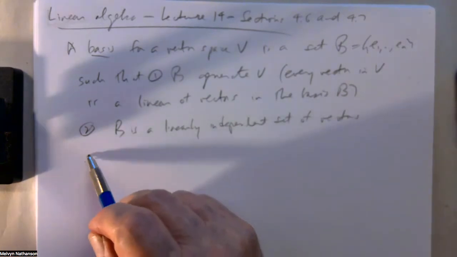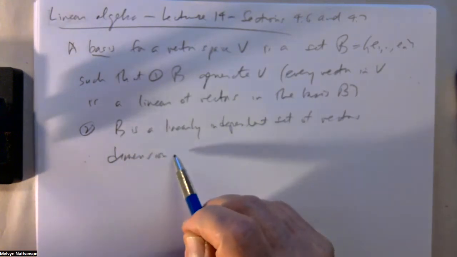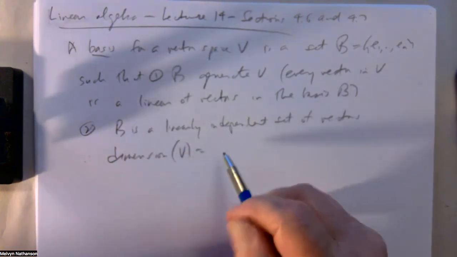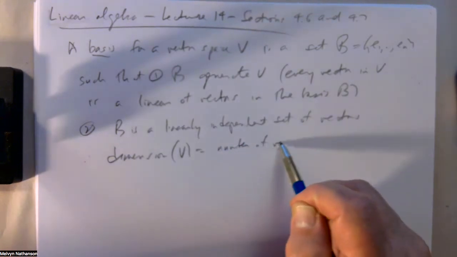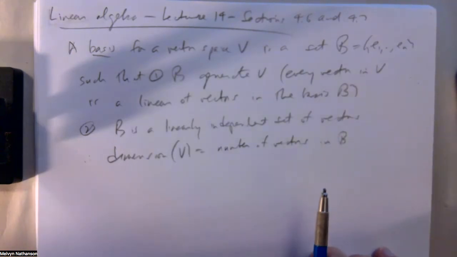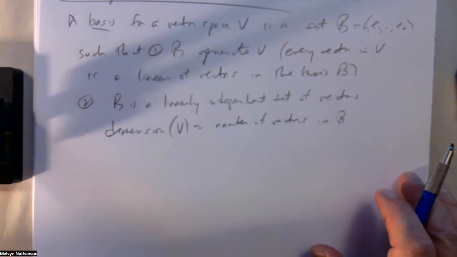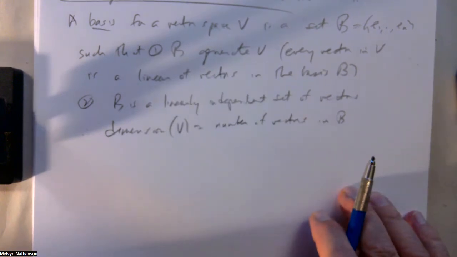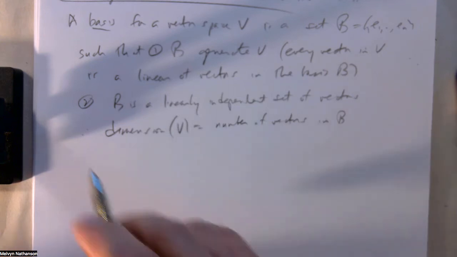And it follows, therefore, that the dimension of V is equal to the number of vectors in B, because the dimension of a vector space is the number of elements in a basis. And the fundamental theorem of linear algebra says that no matter what basis you choose for a vector space, all bases have the same number of elements.